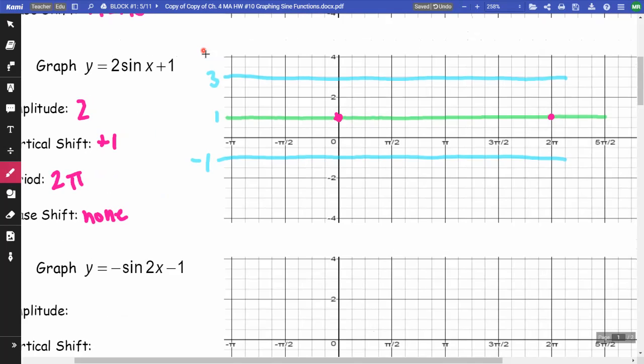It's going to be on my vertical shift. Halfway in between is going to be 0. And then halfway in between those, because of my 2 in front, my amplitude being a positive 2, halfway in between these, which is here, I'm going to be 2 above. And then halfway between these, which is here, I'm going to be 2 below. And that is my graph.